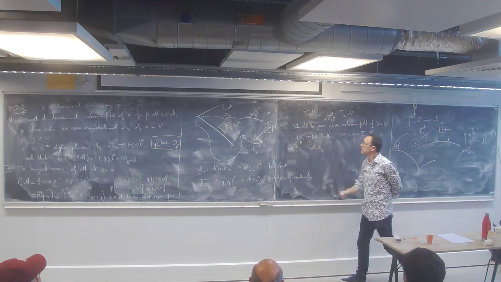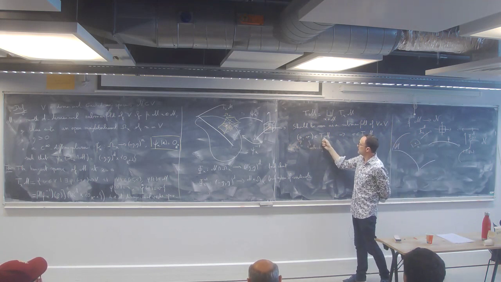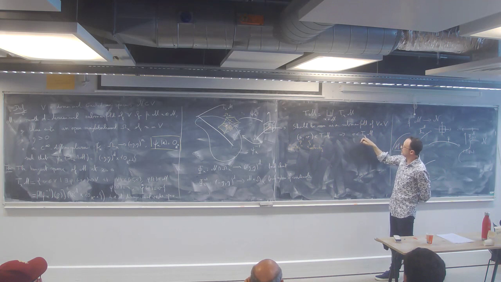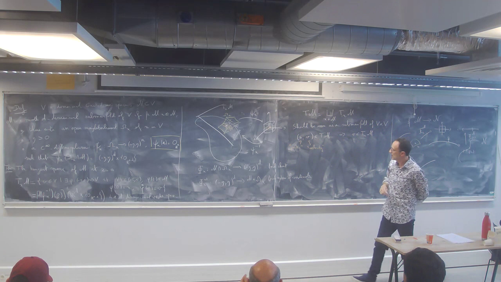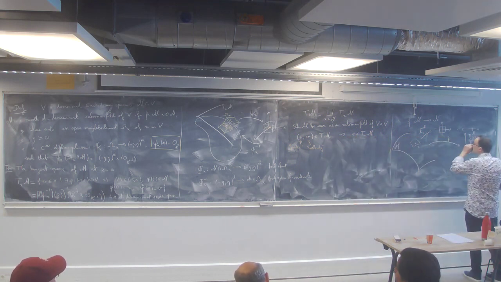So you should think of them that way. And if (x, v) is in TM, this implies that v is necessarily in TxM, by definition of what this is.